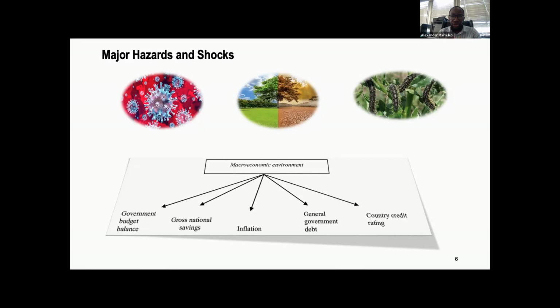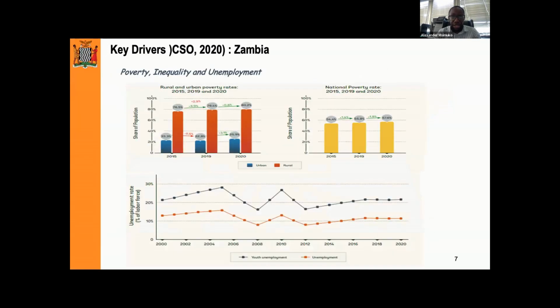And we saw climate change and climatic events and variability, which saw a number of cyclones in different countries that highly affected access to food, specifically for vulnerable populations within the region.